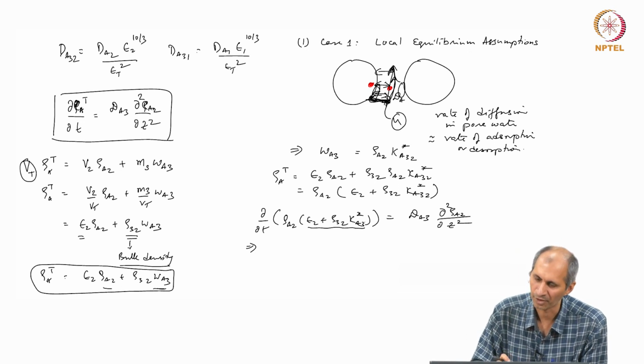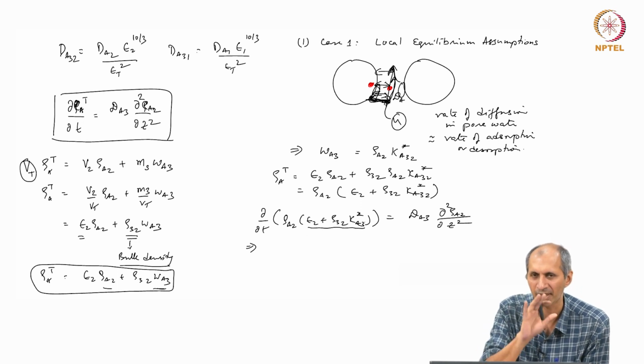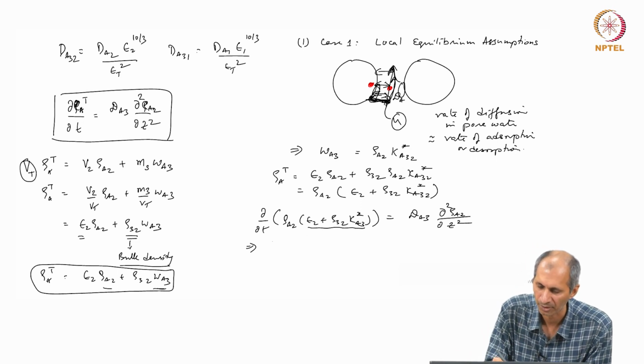So if it is a function of space, then we have to worry about something else. But for the time being we will assume it is not a function of anything, it is constant in space and time. So we will pull it out of the derivative.